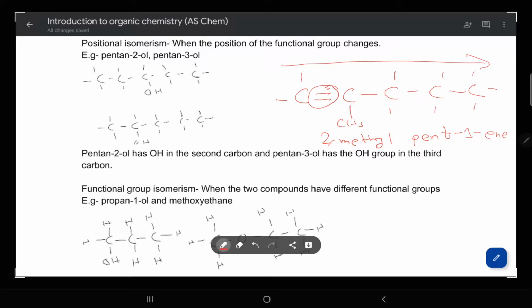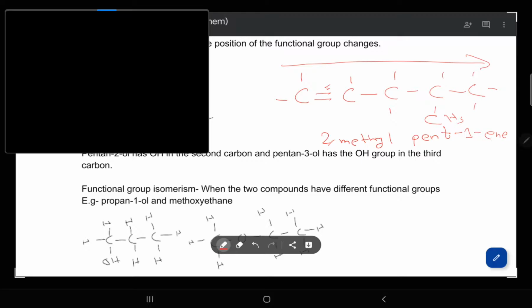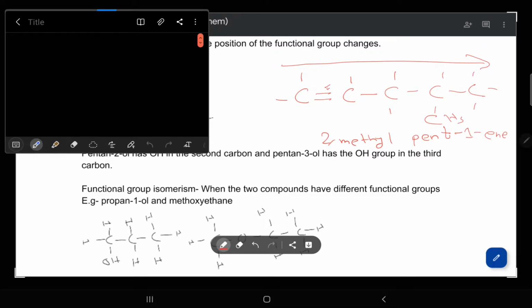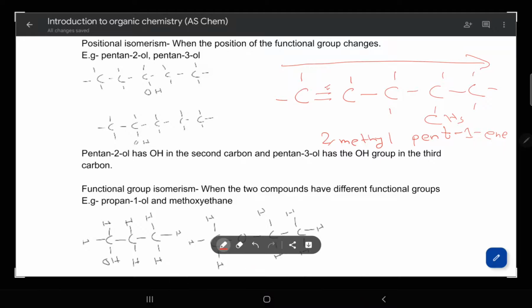Now change this up. Let's make it so the CH3 has gone from this side to this side. So the CH3 has moved from the carbon in the second position to the carbon in the fourth position. Now we are going to call this 4-methylpent-1-ene. Until now we have heard we take the shortest side, but here suddenly our rule has changed. I put 4 even though if I count from the right side it ends up being 4 as well.